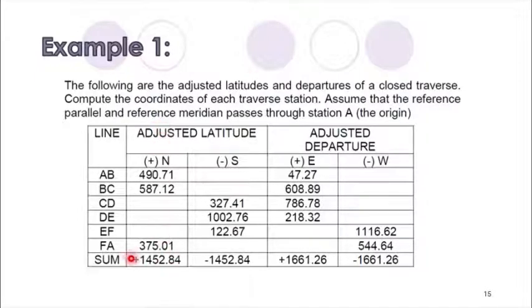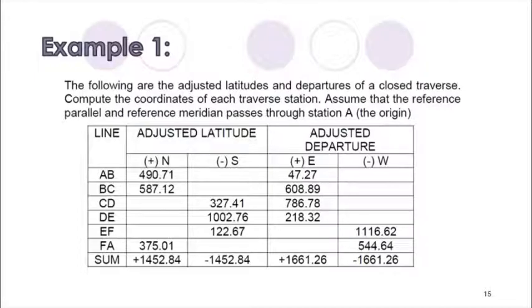As you can see, the sum of north latitudes and the sum of south latitudes are equal, so algebraically adding them will be 0. Likewise for the departures, the sum of the east departures and the sum of the west departures are equal. So this traverse is already balanced.